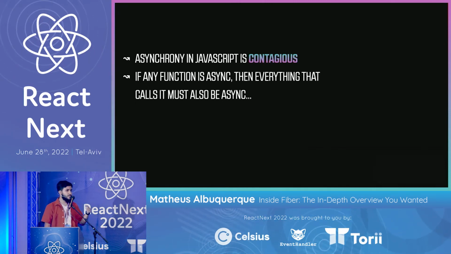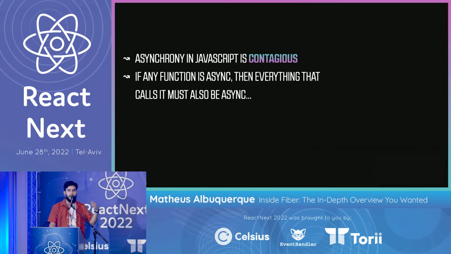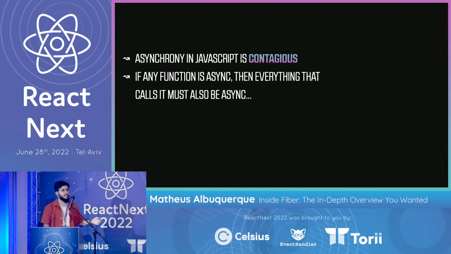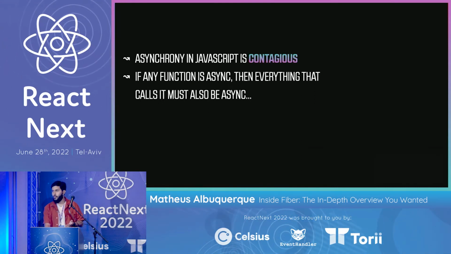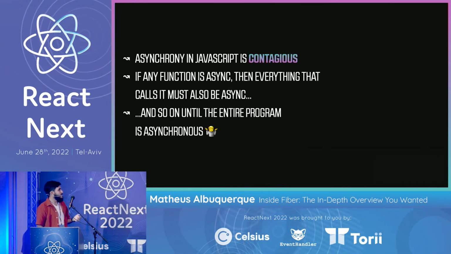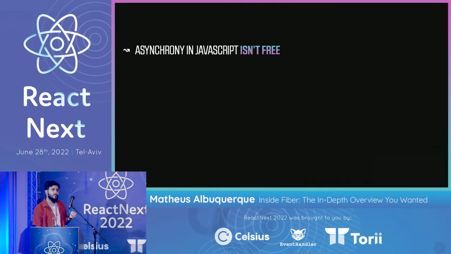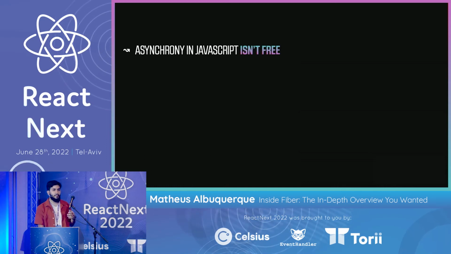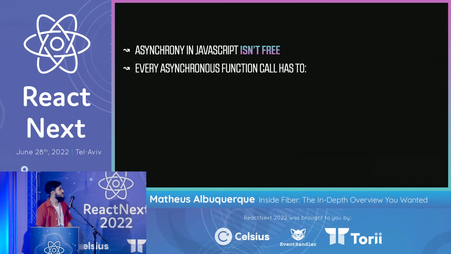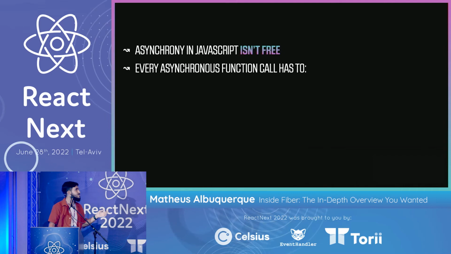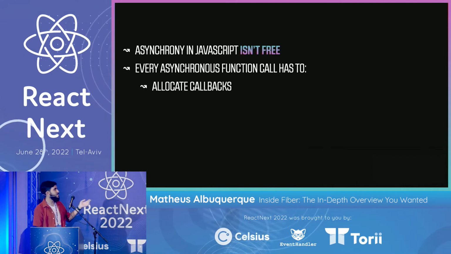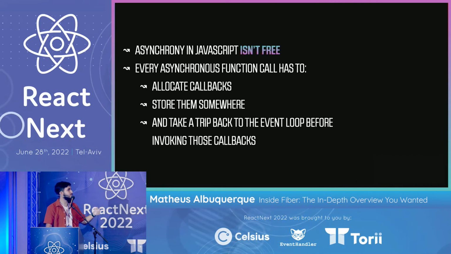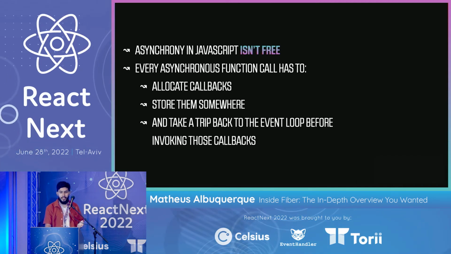If you've migrated from a callback-based API to something that uses promises, suddenly you have async await all over your code. And asynchronicity in JavaScript isn't free. It has a cost under the hood. Every asynchronous function has to allocate the callbacks for it, store those somewhere, and then take a trip back to the event loop invoking those callbacks.